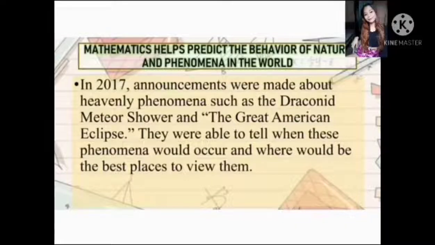They were able to tell when these phenomena would occur and where would be the best places to see them. So, ganon yung nangyari, alam natin kung anong oras yung meteor shower and kung saan maaaring makita yung mga meteor. So, that's it for how mathematics helps to predict the behavior of nature and phenomena in the world.